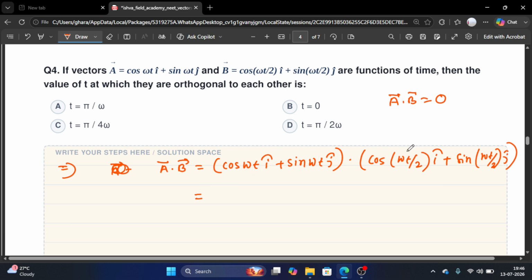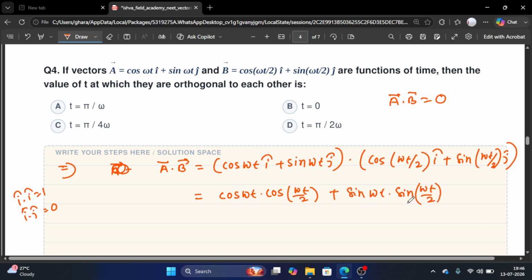We all know i dot i is 1, and i dot j gives you 0. So we get cos omega t times cos omega t by 2, and again sin omega t times sin omega t by 2.